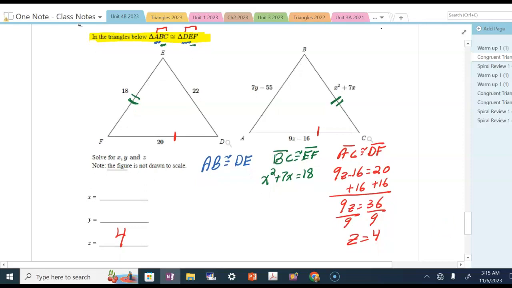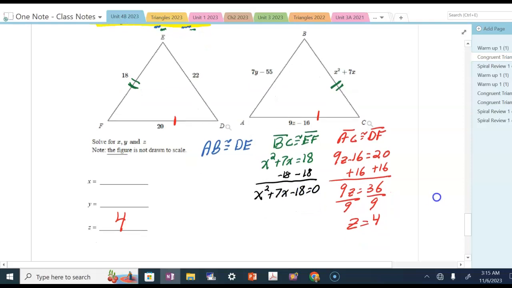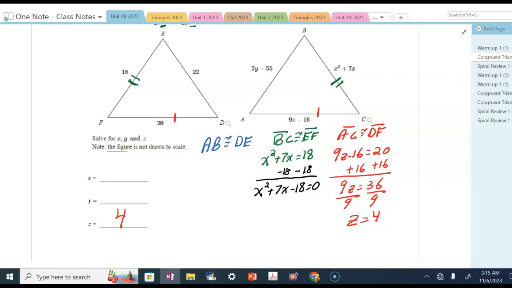So now this is quadratic, so we're going to subtract 18 from both sides. And we'll get x squared plus 7x minus 18 is 0. Now we need to think of two numbers that multiply to negative 18 and add to 7. So the two numbers are negative 2 and positive 9.